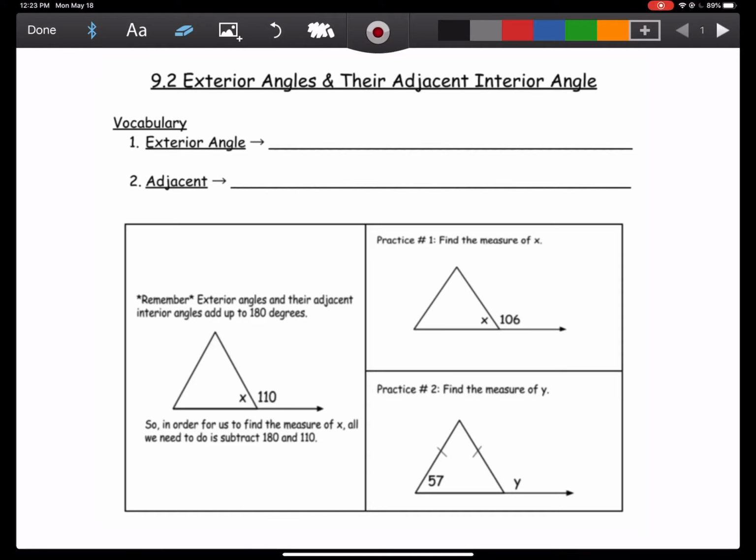So an exterior angle is simply an angle that is on the outside of a figure or a polygon. So we're going to write that down in the blank. An angle on the outside of a figure or polygon.